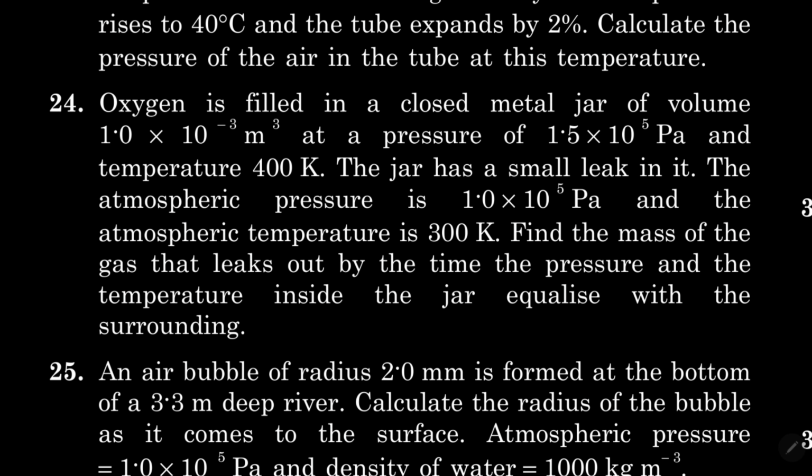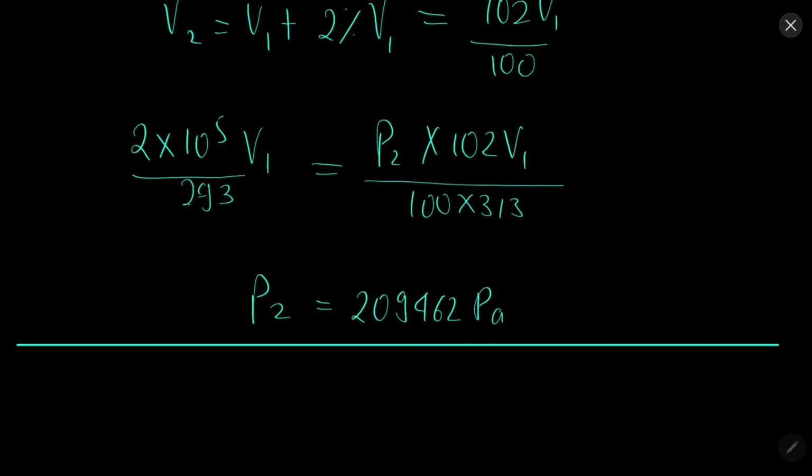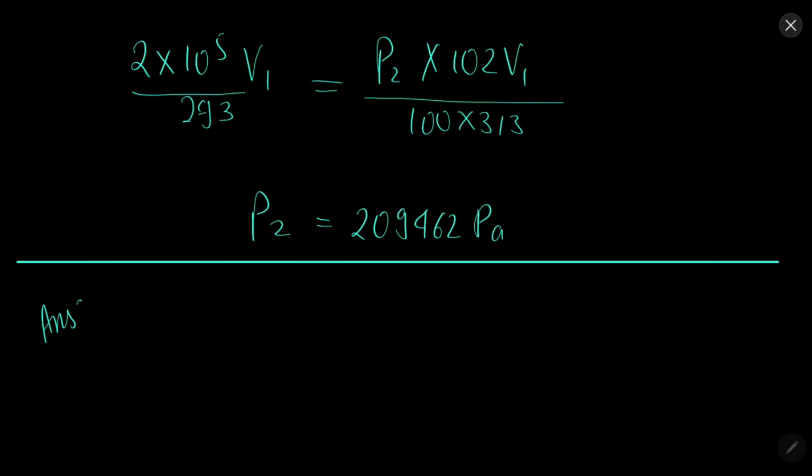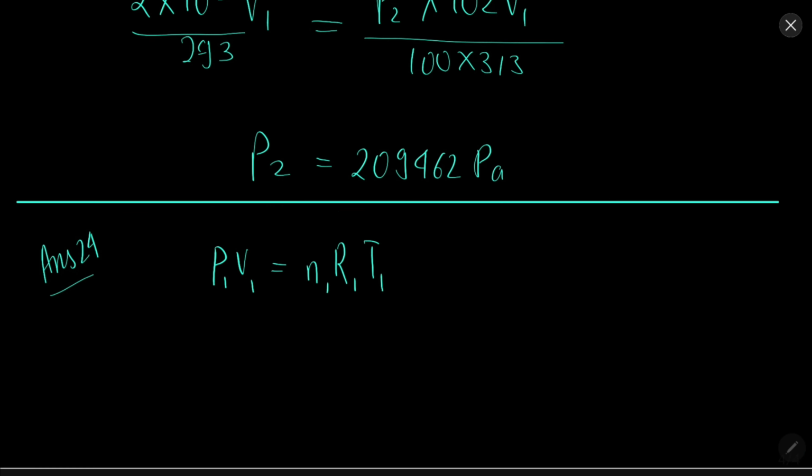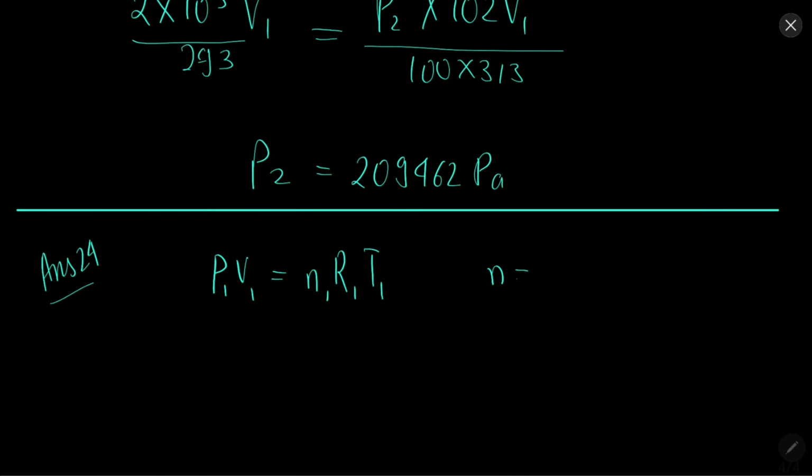In question 24, we need to find the mass of the gas that leaks out by the time the pressure and the temperature inside the jar equalize with the surrounding. Solution 24. So we will have P1 V1 equal to N1 R T1, N1 equal to P1 V1 over R T1.